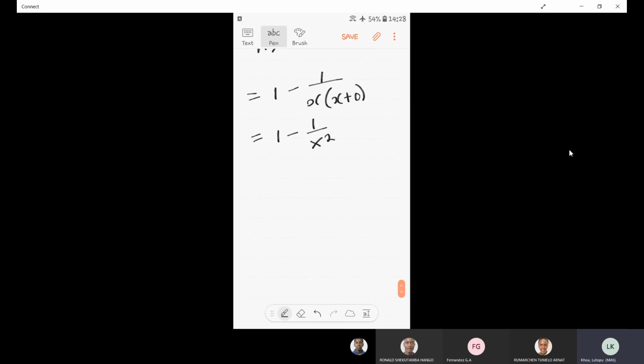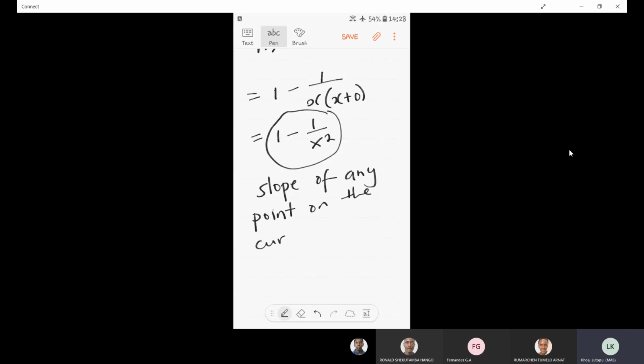This is the slope or the gradient at any point on the curve y is equal to x plus 1 over x. So depending on what your point is, you will just substitute it into the formula for the gradient, and then you can work out what the gradient is.